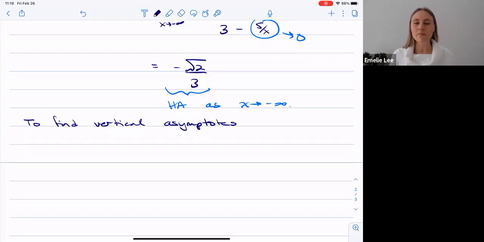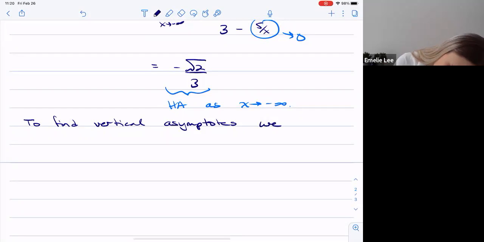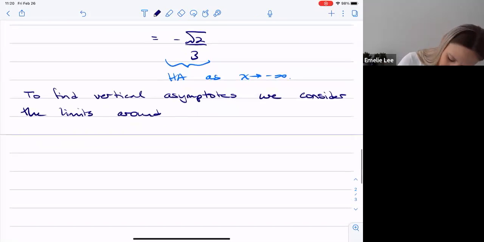Vertical asymptotes, if there are any, will usually happen at spots that are excluded from the domain. So to find vertical asymptotes, we look at how things behave around areas that aren't in the domain. So we consider the limits around values of x that are not in the domain.